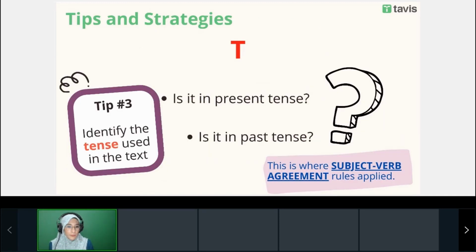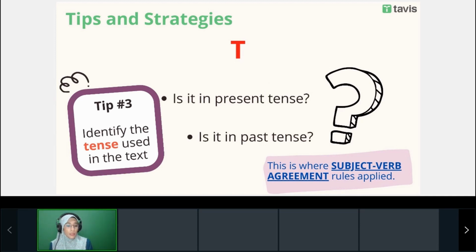Our tip number 3 is T, or your tenses. Whenever you have received your question, identify: is it in present tense or is it in past tense? You have to know we only have these two tenses.